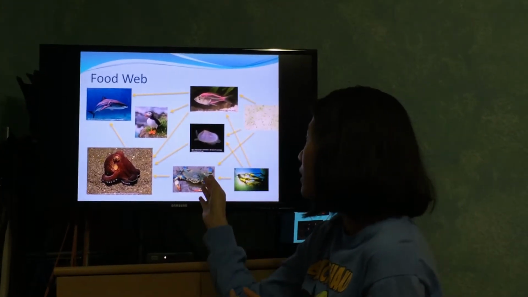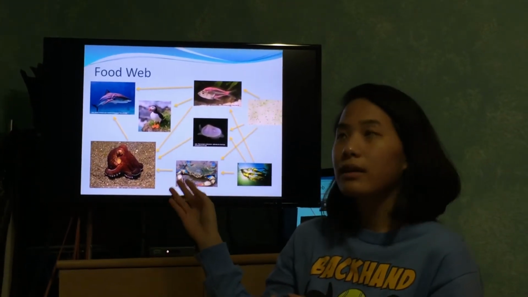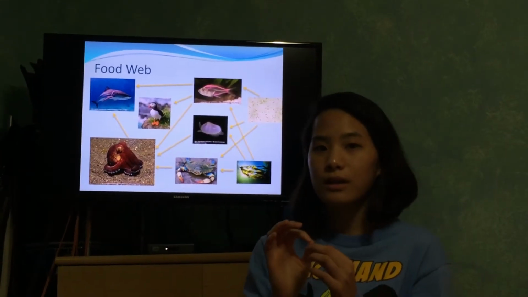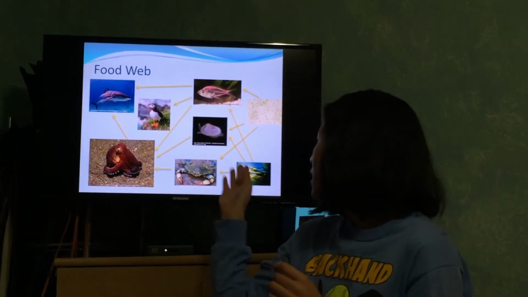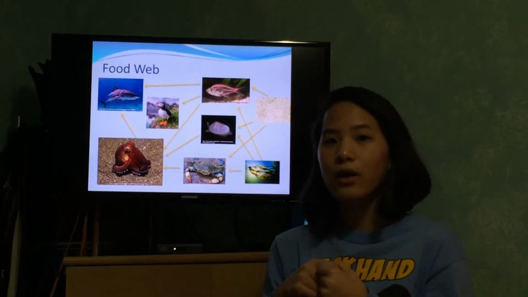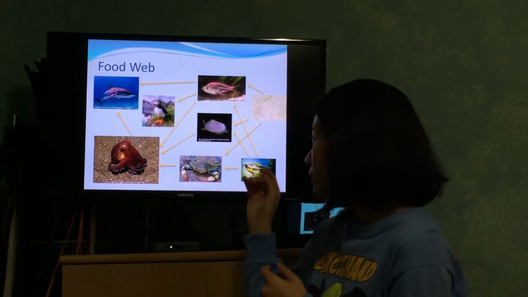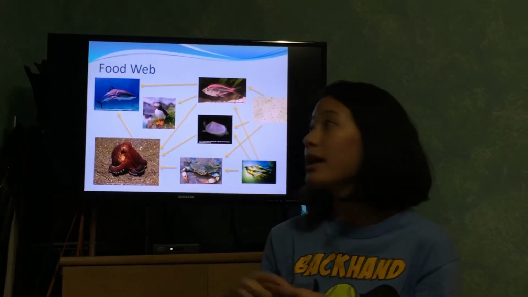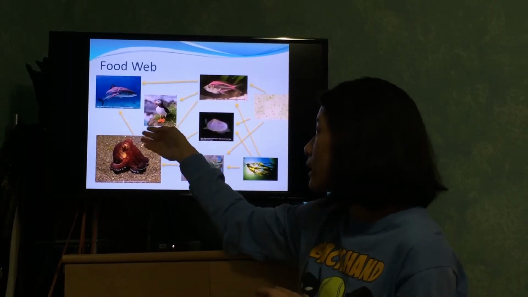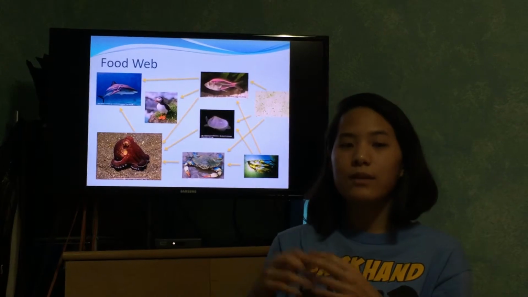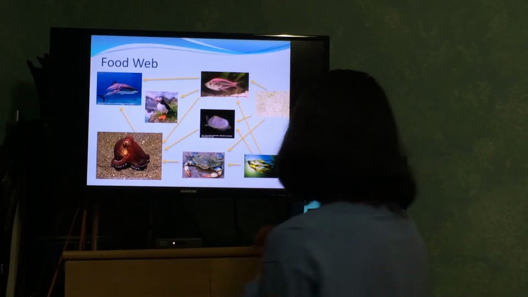These first level consumers get their energy from phytoplankton, which are small plant organisms, and they also consume other plant species in the ocean, such as seaweed. One of the predators of an octopus is a shark, as you can see here. It also can be eaten by bigger fishes.